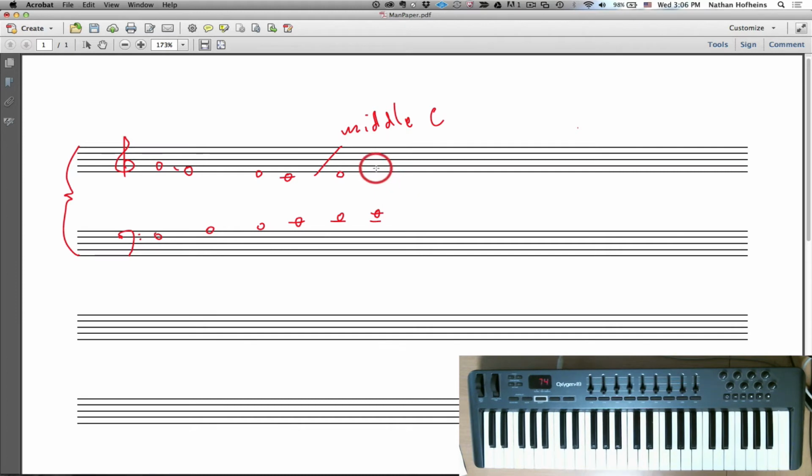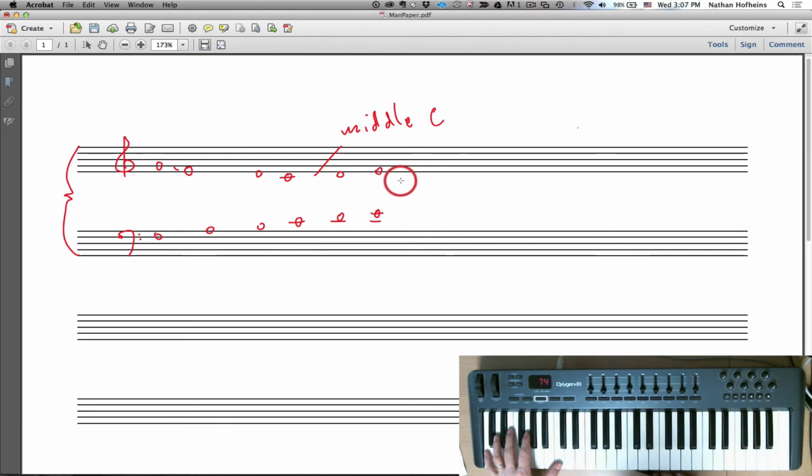You might think, why do you use ledger lines? Well, you might have something playing in the right hand up in this register, and then you'd want the left hand to play up here too, and you'd have the right hand playing up here, so you could use ledger lines in the bass clef to show that, or you could do it the other way.